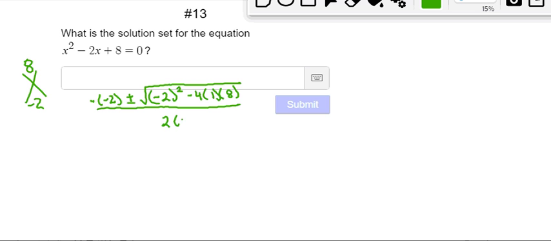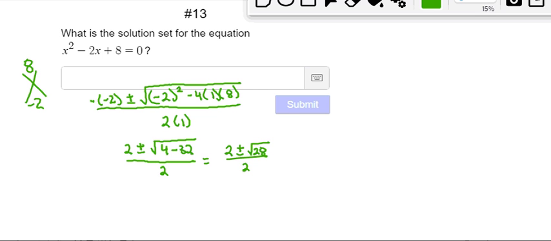divided by 2a. So this gives us 2 plus or minus the square root of 4 minus 32. Negative 2 squared is 4. 4 times 8, 32. 4 minus 32 divided by 2. So we have 2 plus or minus the square root of 28, divided by 2.